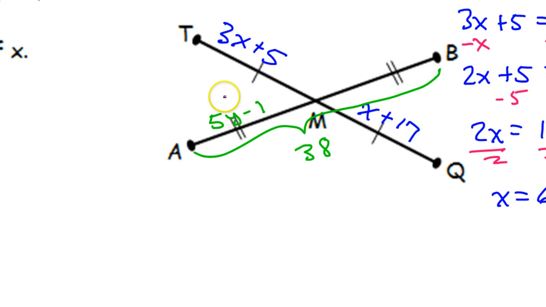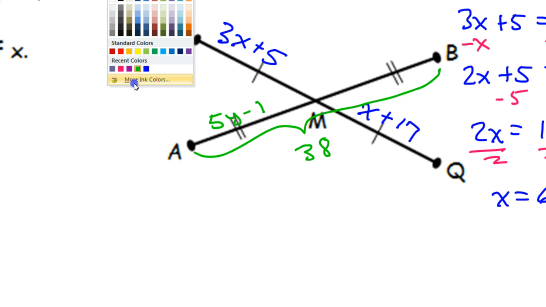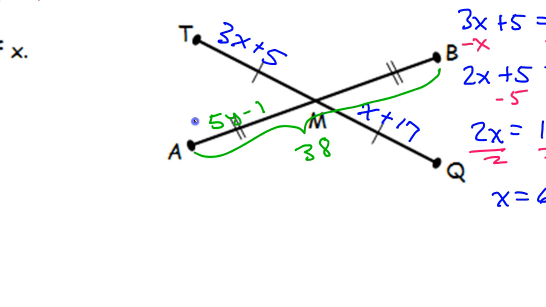That means each half of this thing is 19. I think I'll do purple. Because this is 19 and this is 19. Alright, we just split the 38 in half.